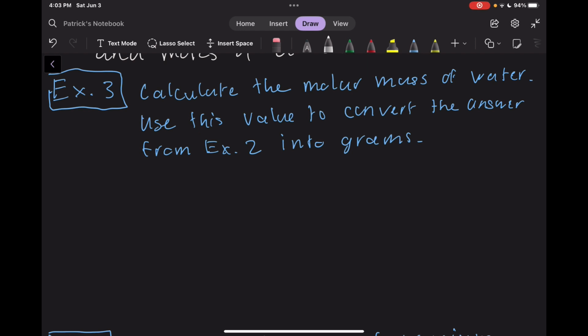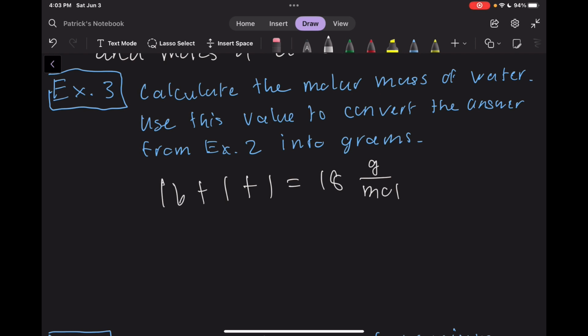If we look at our periodic table, we'll find that hydrogen has an atomic weight of 1, and oxygen has an atomic weight of 16. These are approximate values. We're choosing to round to the nearest whole number to make the calculations easier. Since there are 2 hydrogen atoms, we calculate 16 plus 1 plus 1 to get 18. This is the molar mass or molecular weight of water.